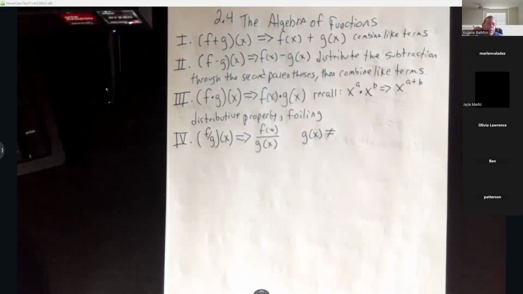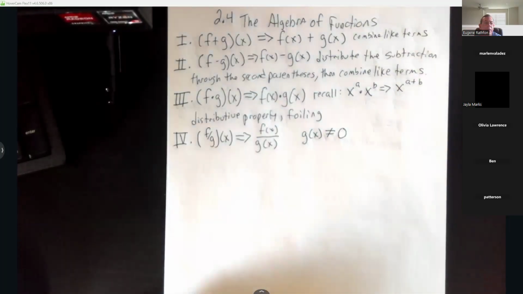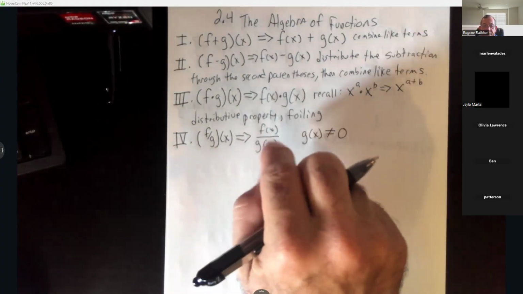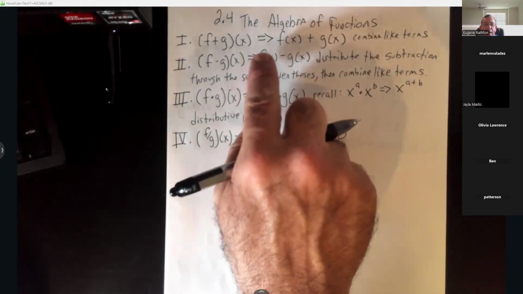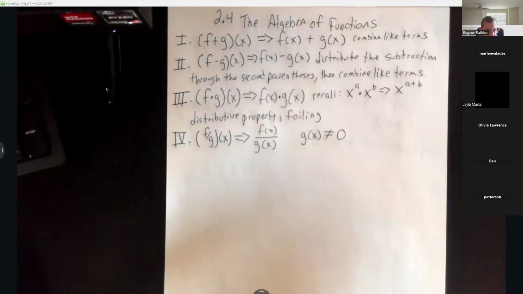What do y'all think? What can a g of x not equal on the bottom of that fraction? All right, good job, y'all. G of x cannot equal 0. Now, we don't do a lot of stuff with the division. It's going to focus mainly on the adding, subtracting, and the multiplying, okay?